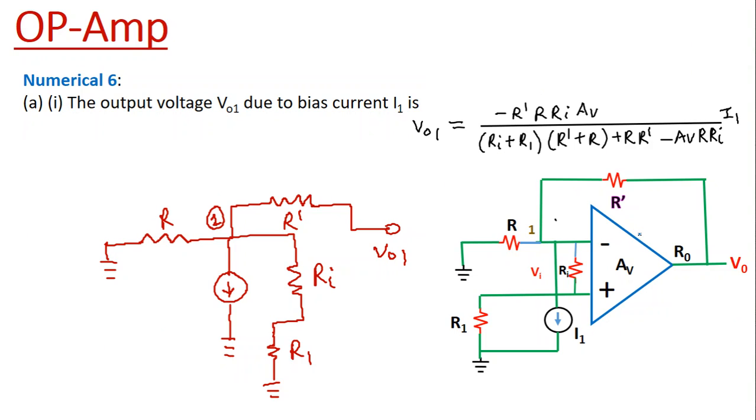First we are going to find the output voltage VO1 due to bias current I1. When we open circuit the current source I2, the circuit diagram will look like this, and it can be simplified and drawn like this. Here this is the I1 current source.